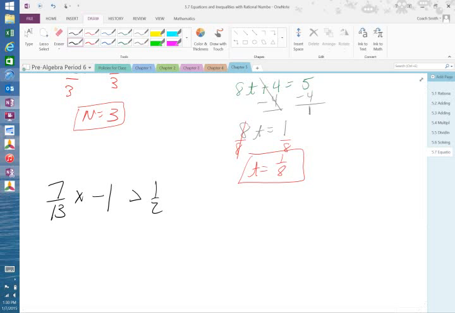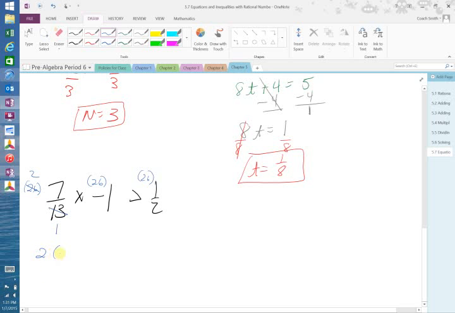Okay, what is the common multiple between 13 and 2? 26. So, I'm going to multiply everything by 26. Well, 13 goes into 13 once, 13 into 26 2 times.